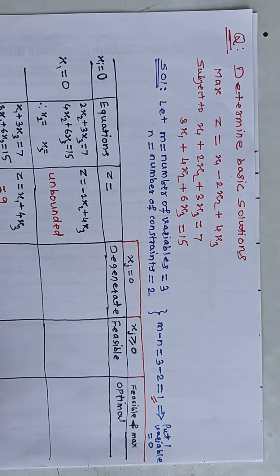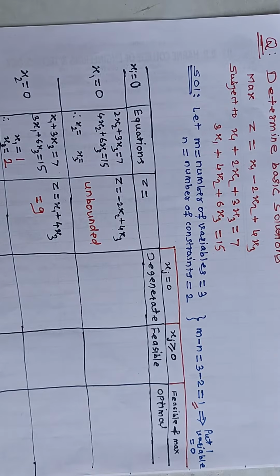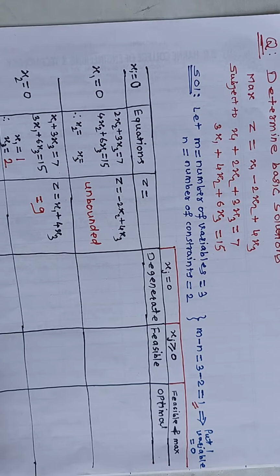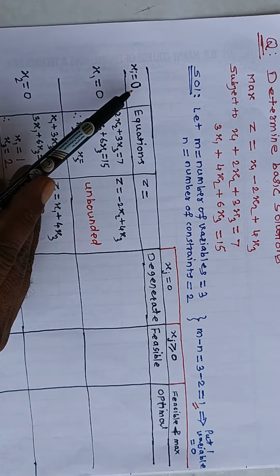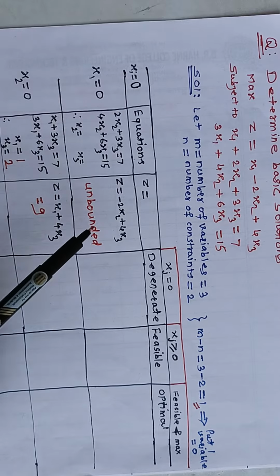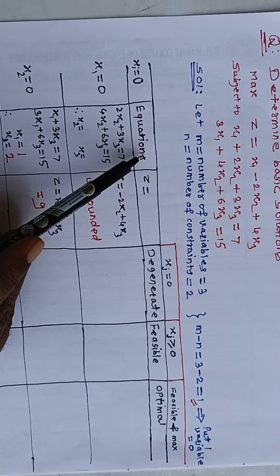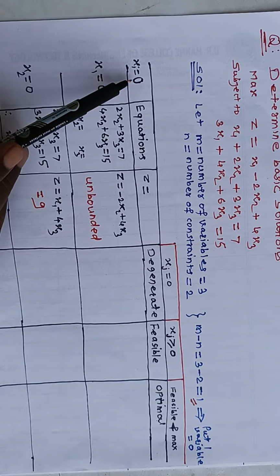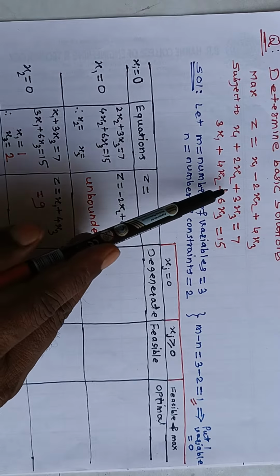Okay. So prepare table like this. You have to prepare this type of table. In first column xi is equal to 0, which variables you are giving value 0. Okay. Second column equations, putting xi is equal to 0 in constraints, 2 equations will be there.